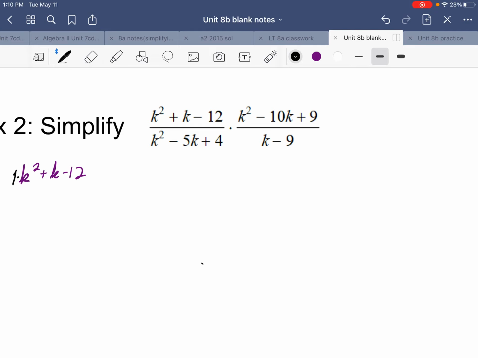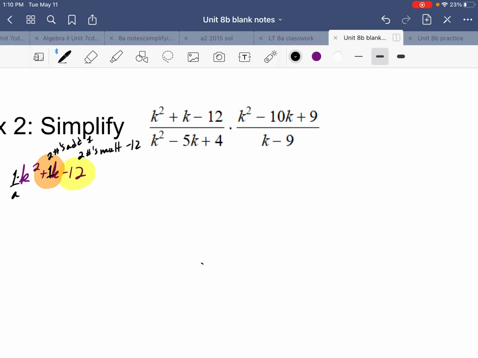Whenever you have a quadratic and the a is 1, you ask what 2 numbers multiply to negative 12, and those same 2 numbers have to add to 1.